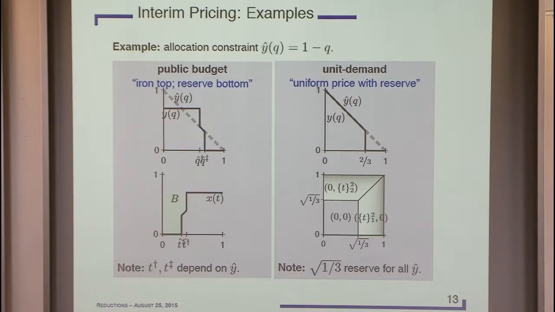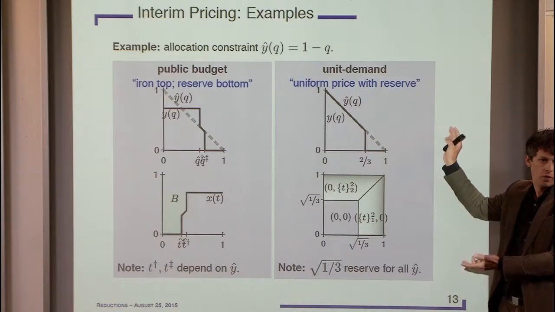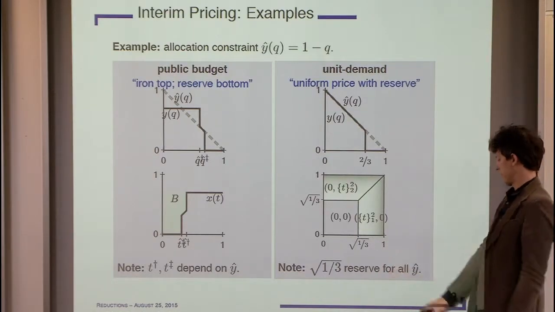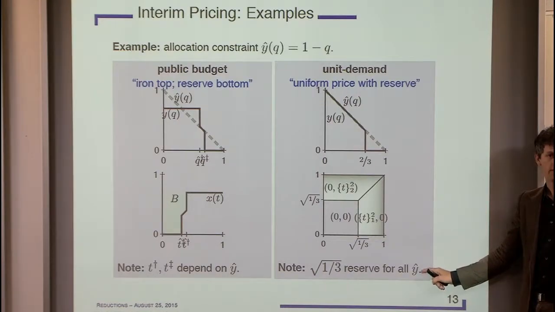Okay, again, for this part of the talk, I don't need you to understand how to get this from the constraint or anything. I just want you to understand what these things look like. Okay, I want to point out something quite different about these two scenarios, which I haven't written here in this slide. I'll just tell it to you. So this reserve is the same reserve that you would get for every single allocation constraint y hat.